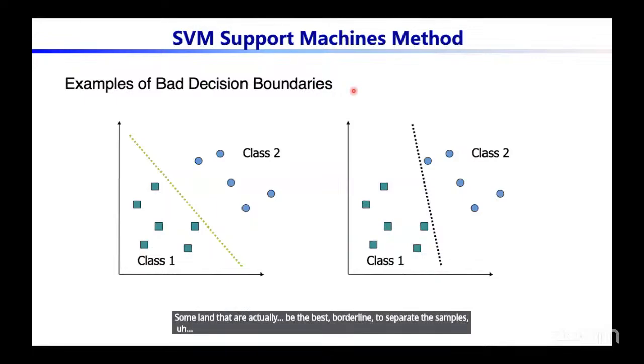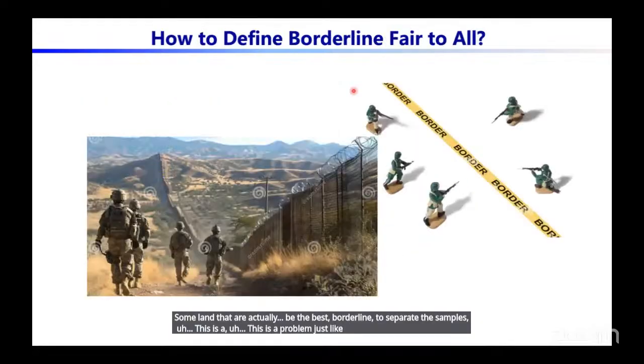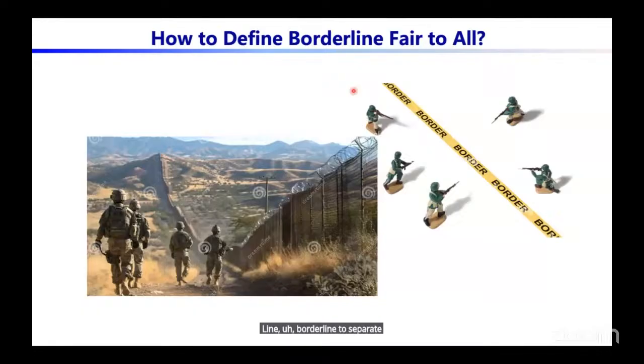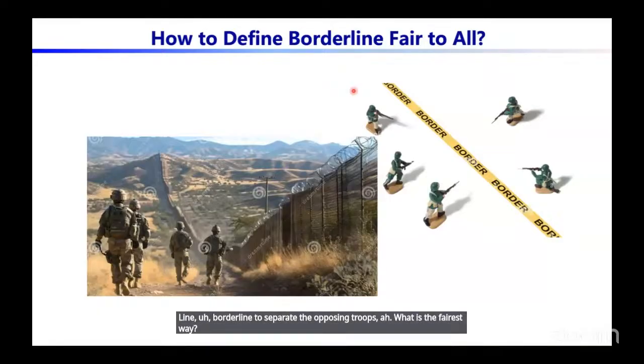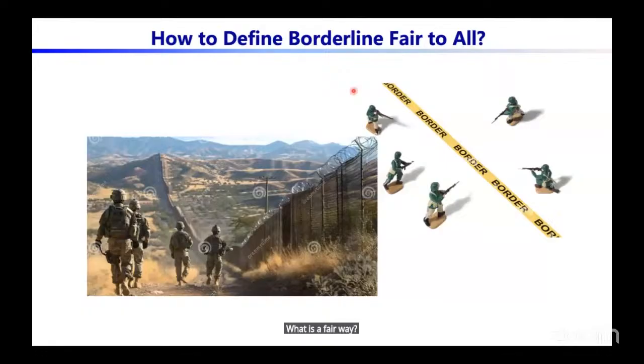This is a problem, just like when we want to separate opposing troops. We want a ceasefire line, a borderline to separate them. What is a fair way to define the borderline?